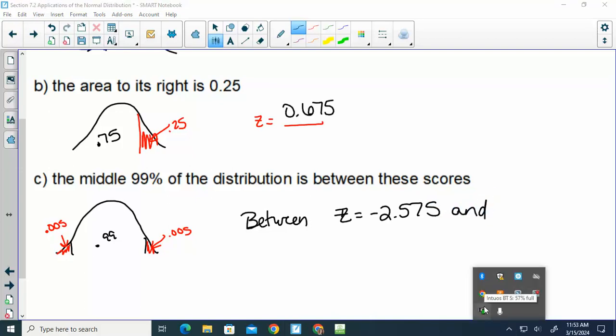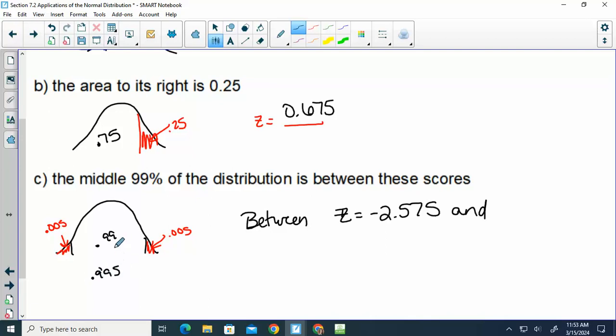Do you have any guesses for what the other z value is without me looking at it? Positive what? 2.575. So if we have 0.005 to the right, that means it has 0.995 to the left, right?